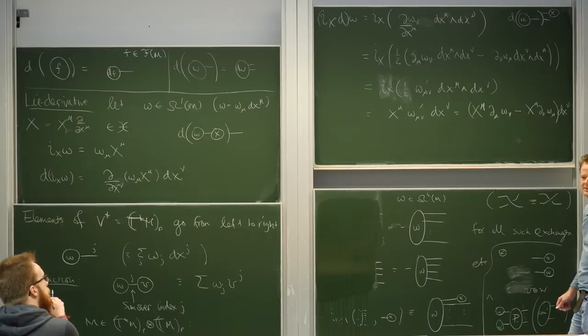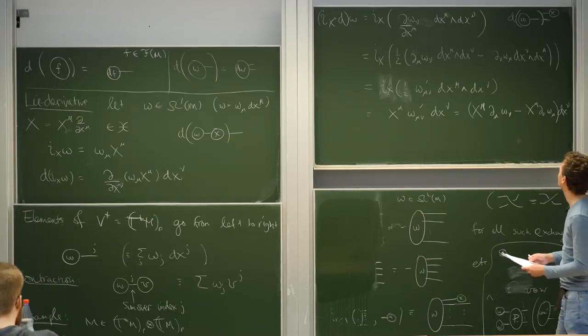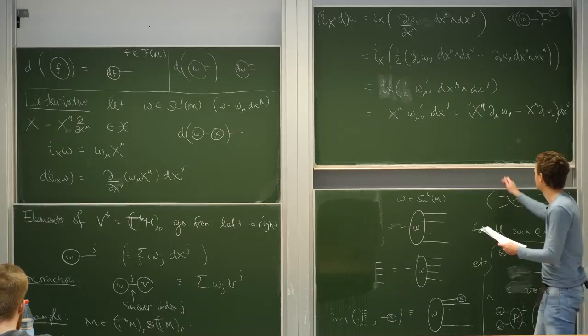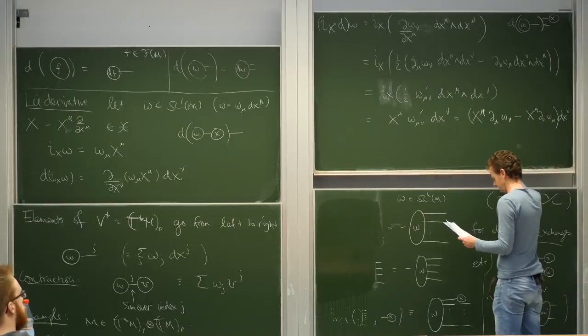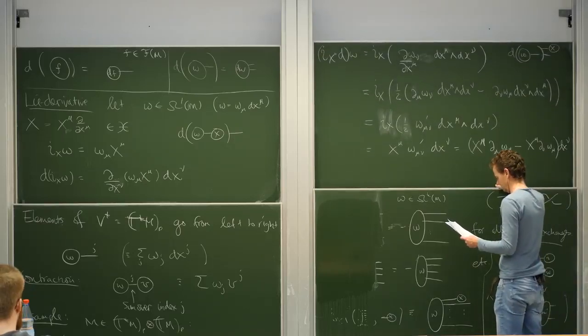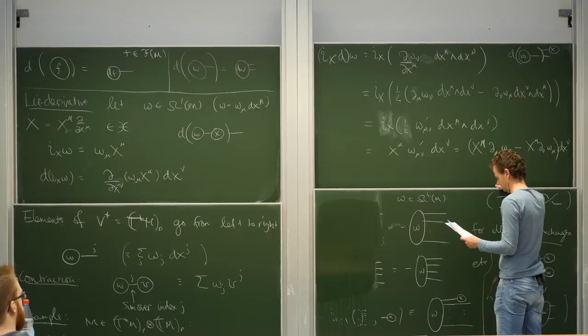That's true. And the indices should be swapped in the second line in the rightmost expression. Oh yeah, I guess so. Wait on, what? Yeah, right. Because in this way it's 0. Yeah, otherwise it's 0.